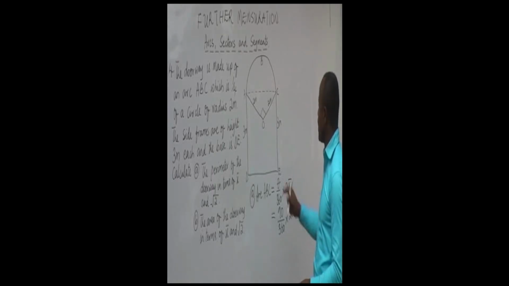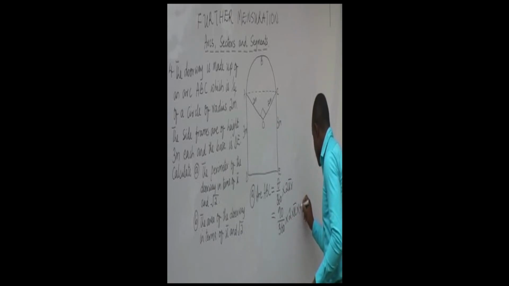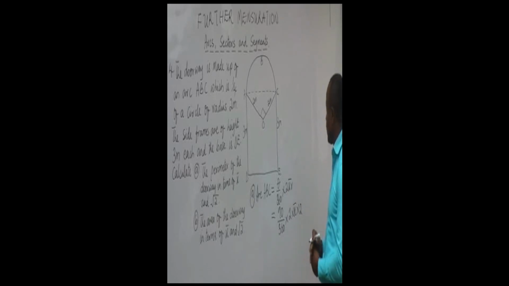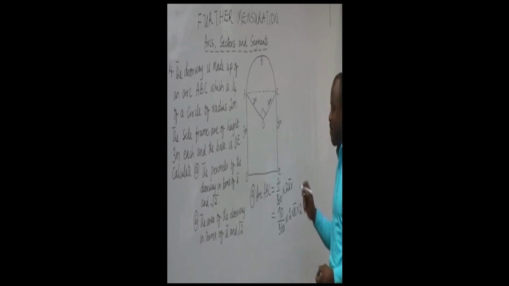The radius of the circle is 2. So we have also 2. Don't substitute the value of pi, which is 22/7, so that you'll be able to give the answer in terms of pi as the question has required of you. Students used to go astray in this case. They'll give the answer after simplifying pi, whereas the examiner said you should give the answer in terms of pi. Now let's multiply out.